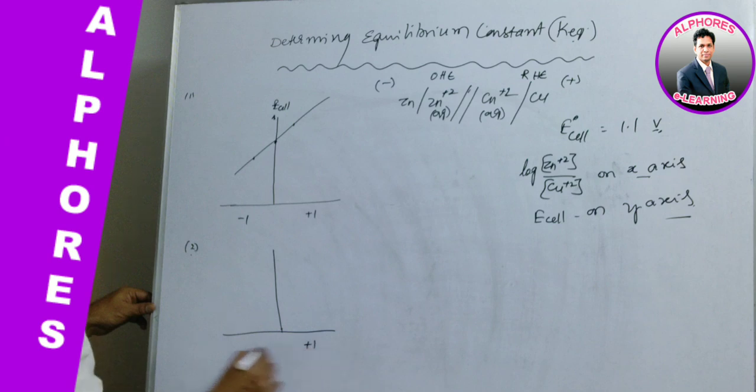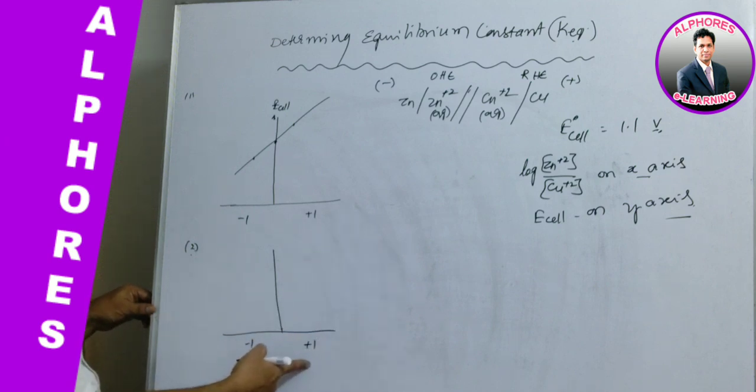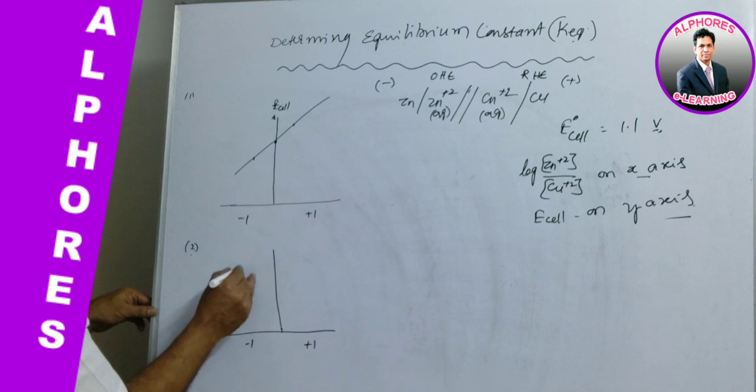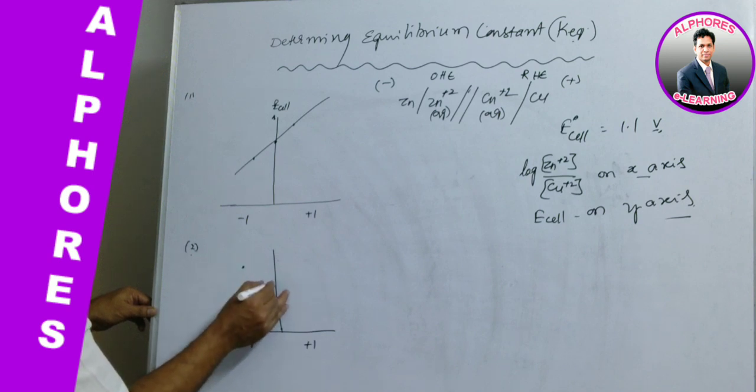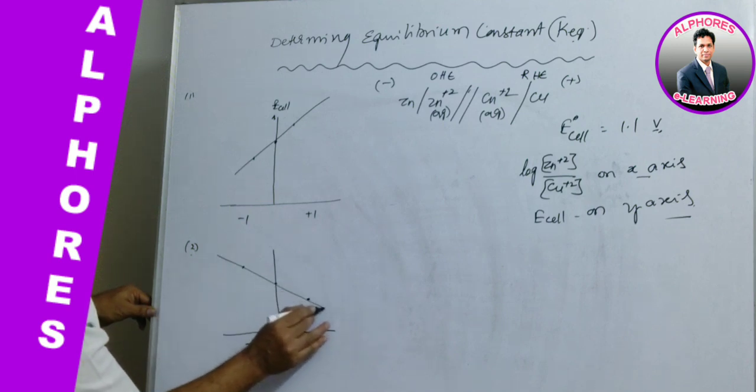Here plus 1, minus 1, what is this? Log Zn plus 2 by Cu plus 2 value, and it is E cell value. The graph appears like this. It is now given like this.